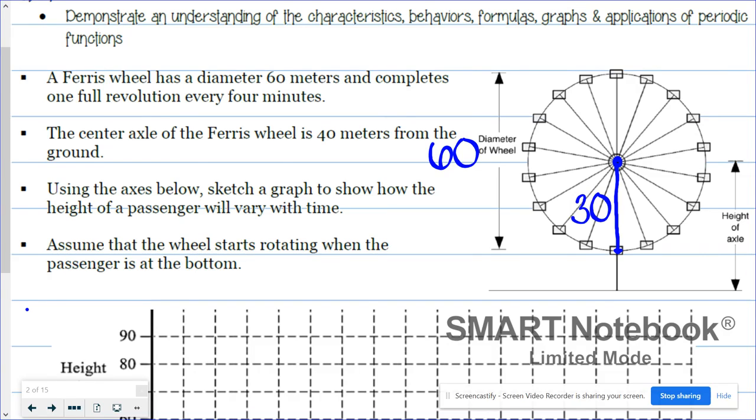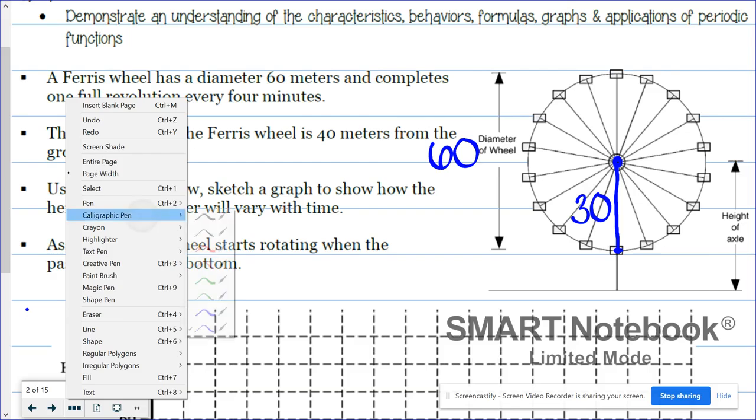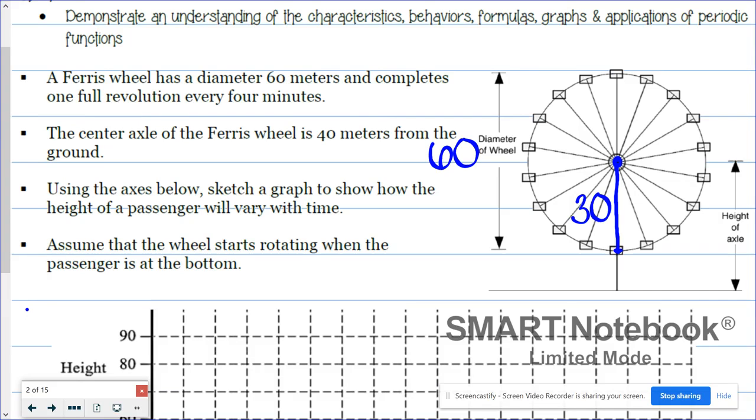They said the center axle of the Ferris wheel was 40 meters from the ground. So if you were to go from the center to the ground, this is 40 meters. So what that means is when the passenger actually gets onto the Ferris wheel, the passenger is already 10 meters off the ground.